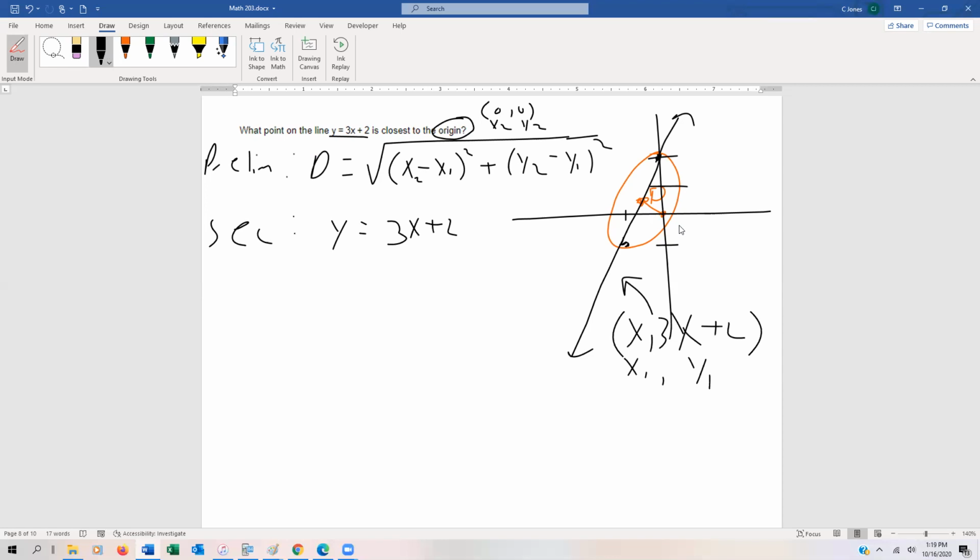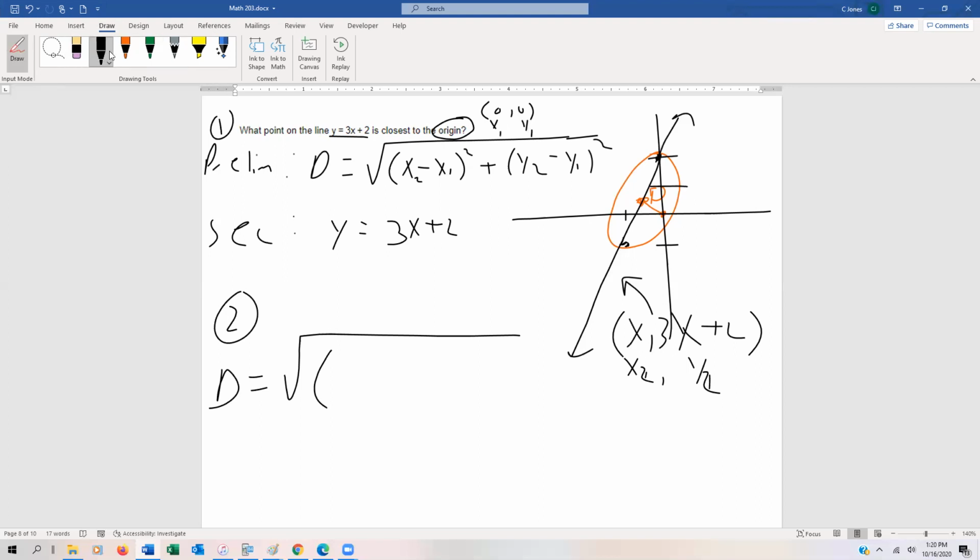So now let's substitute. Going back to our steps, we're going to have our distance d equal to the square root of, well, let's flip it around. Let's make this x2, y2. It doesn't really matter. I'm just doing this for simplicity's sake, so we can stay away from negatives if at all possible.